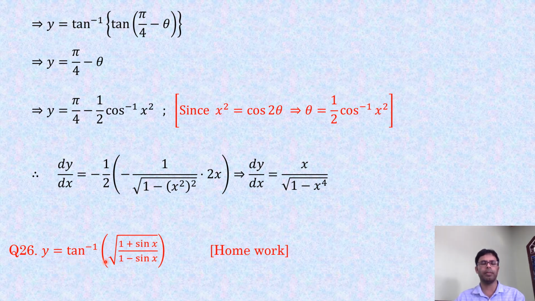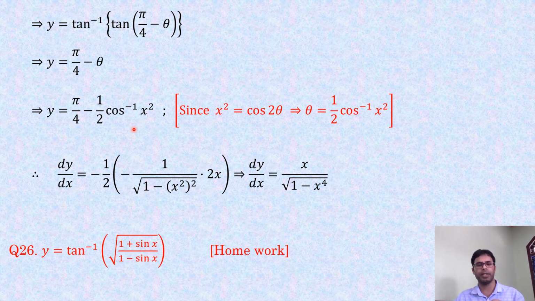Y is equal to tan inverse of root over 1 plus sin x divided by 1 minus sin x. So 1 plus sin x is actually cos x by 2 plus sin x by 2 whole square, and this is cos x by 2 minus sin x by 2 whole square. Then whole square and root over will remove each other. So numerator is cos x by 2 plus sin x by 2, and here cos x by 2 minus sin x by 2.